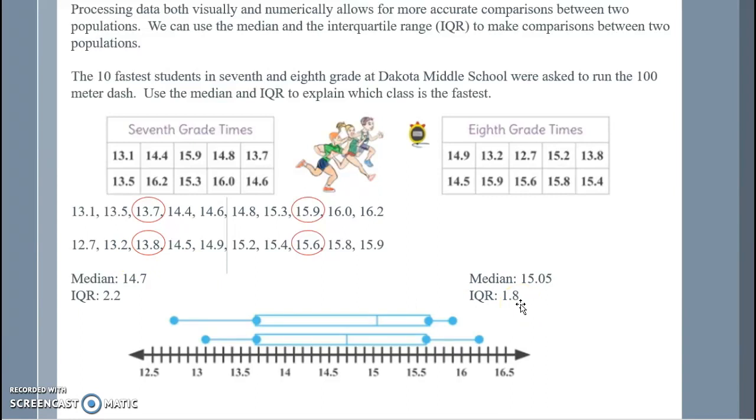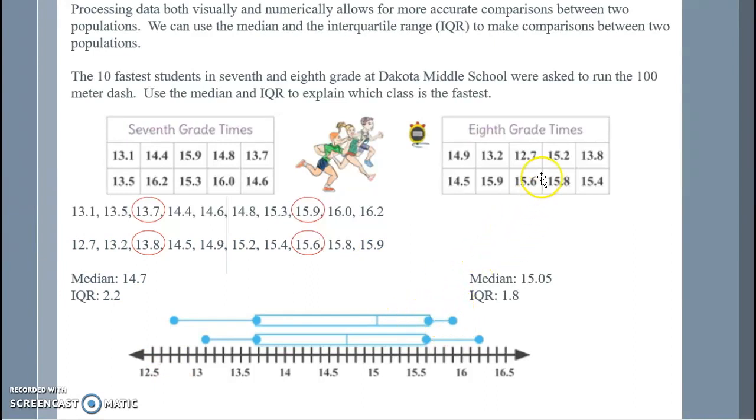Sometimes it's best to look at pictures to help us identify and compare between populations. So this top one must be the 8th grade team, because the smallest number is 12.7, which matches here, and the highest number is 15.9, which matches here.